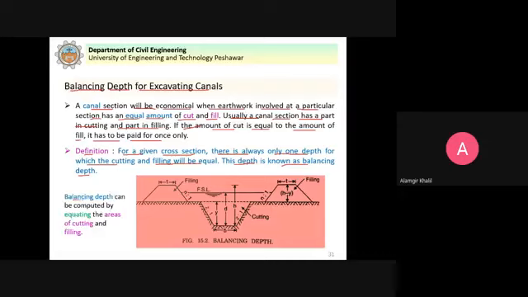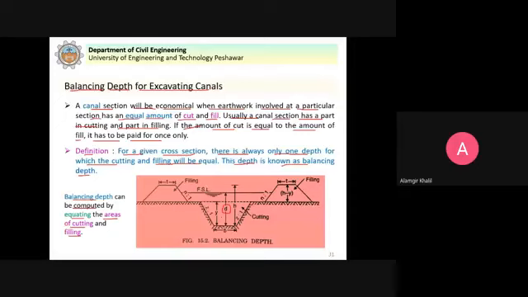This balancing depth can be computed by equating the areas of cutting and filling. If we can calculate for this section the area of cut and fill, we can estimate, for example, the balancing depth.